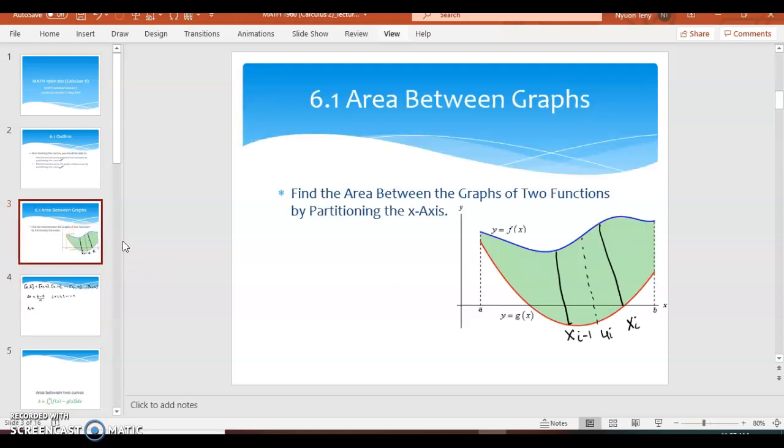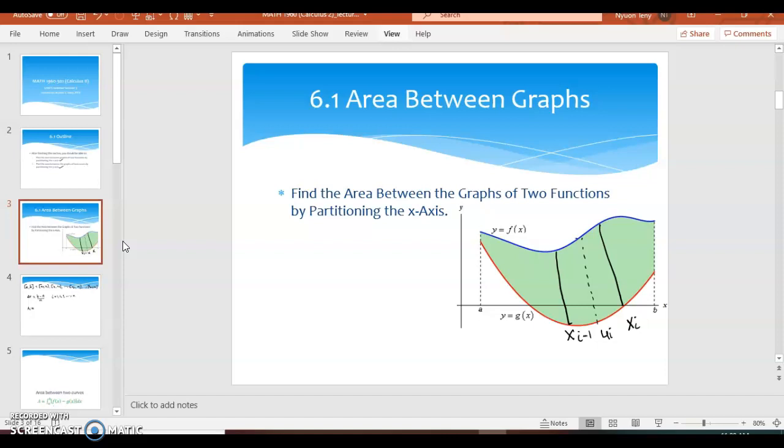This area here is the subinterval x of I minus 1 to x of I. We want to find the area of this subinterval, and then we can generalize to other subintervals. All these subintervals are equal in terms of width, but they're not equal in terms of length. So how do we determine the length of this rectangle?